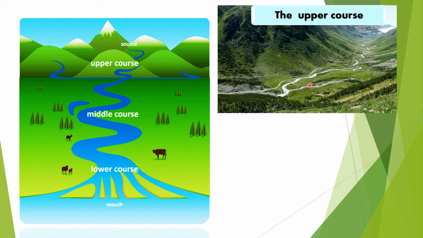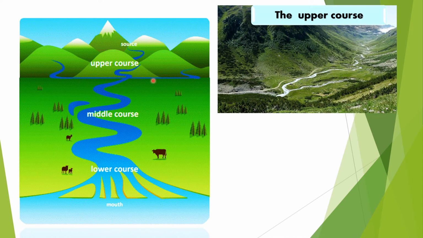Third, in mountains the river flows with very high speed, and when they leave the mountains and join plains, then the middle course or mature course of the river starts.